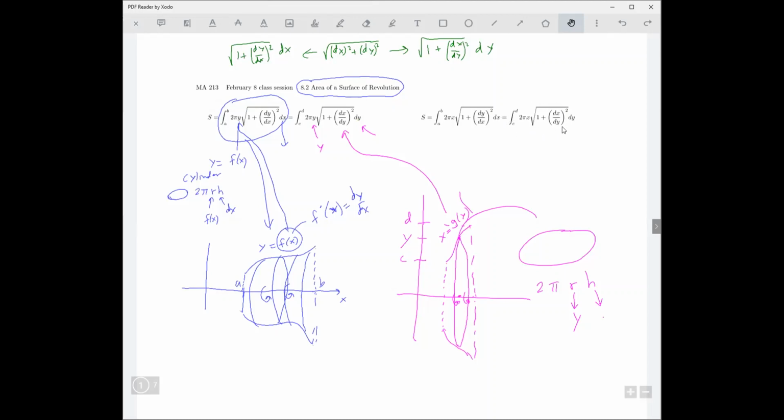So we have the dx/dy here, which means we're going to have an x right here, a dy there, and this is x.